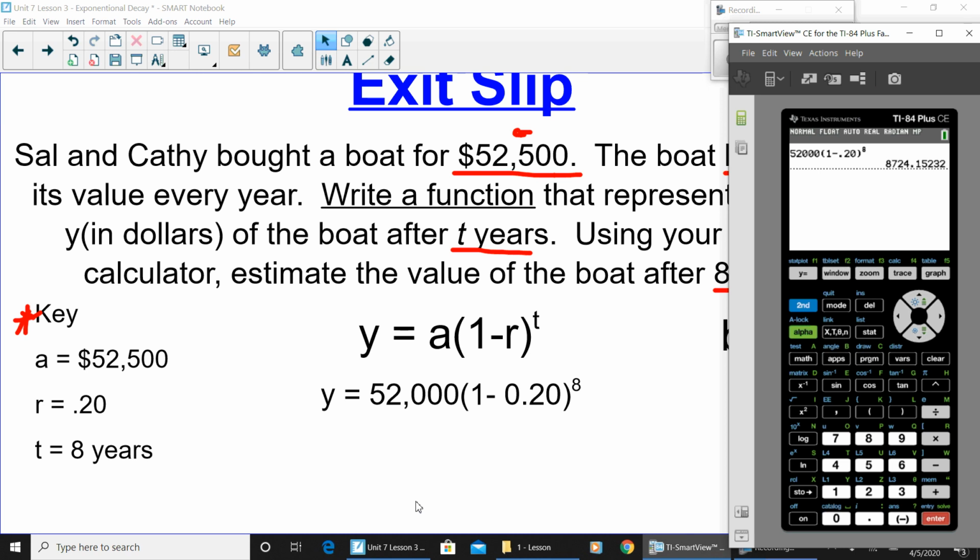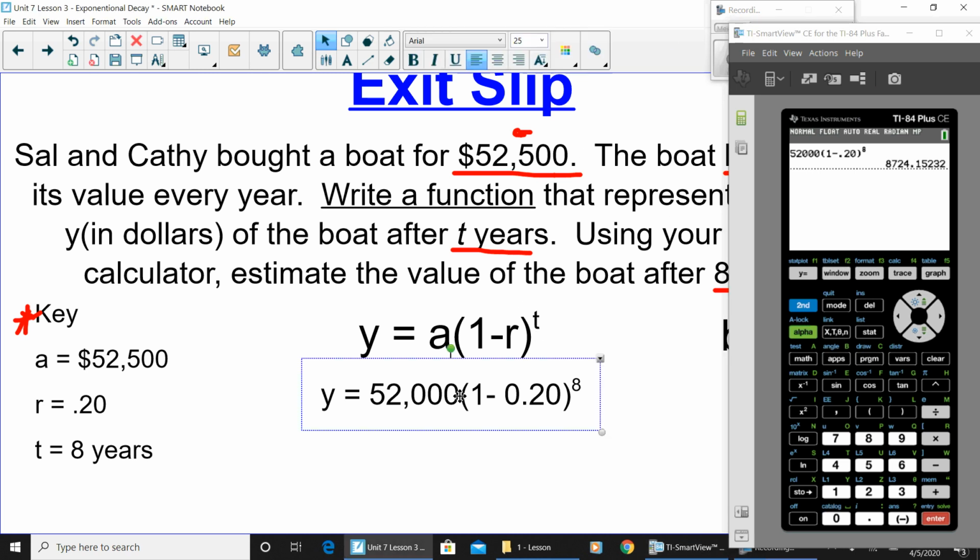I made a mistake. Okay, and then it's to the 8th power.